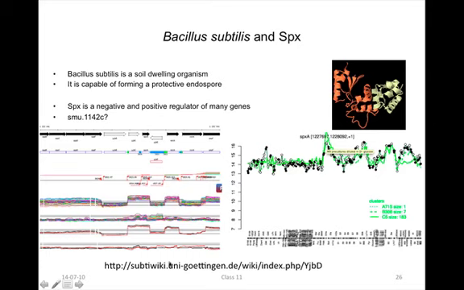If you go to the subtilis wiki page, you can see 100 different conditions for the expression of your very individual genes. So let's say we're looking at SPXA. You can follow the expression of SPXA under 100 different conditions to figure out if it's upregulated or downregulated at different times.